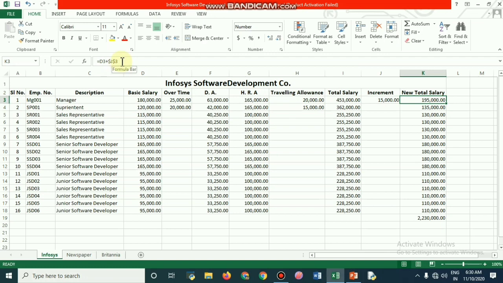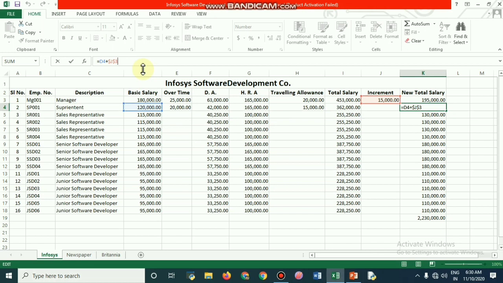Here, look here. The second cell address, which needs to be summed up, is given a special symbol of dollar sign, $J and $3, so that when it is copied down, that cell address doesn't change. Look here, that cell address stays constant over there.